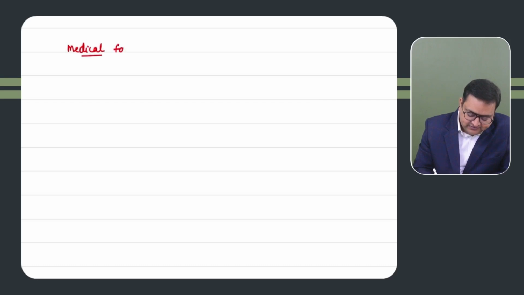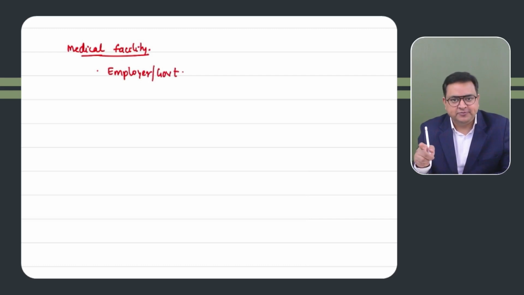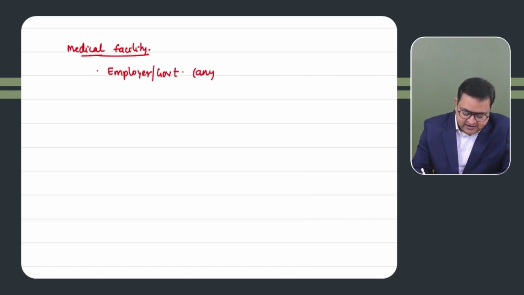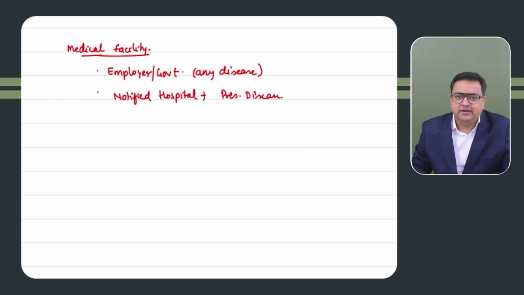But if it is medical facility, medical treatment, and the treatment is in an employer hospital or government hospital, then for any disease it is exempt. And if it is for another private hospital, but it is a notified hospital, and that too for a prescribed disease, then only it will be exempt.